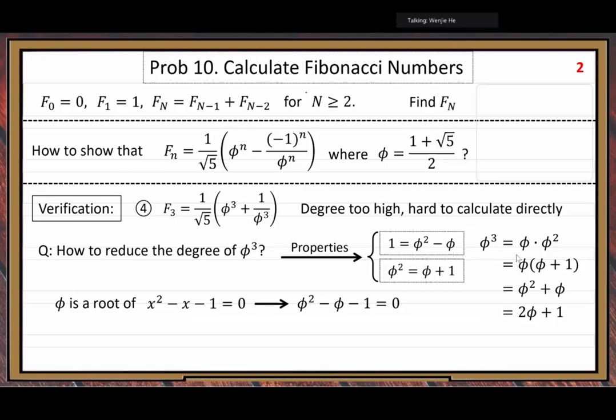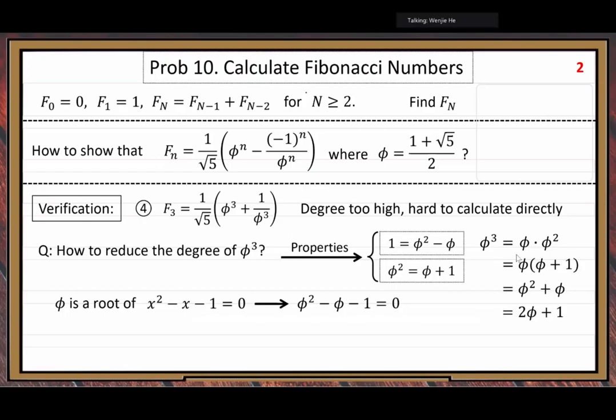That's good enough, because you bring it down from degree 3 to degree 1. The highest degree term in this expression is only 1. That's good enough, right? Because you cannot bring it down to 0. Nobody can make a degree 0. So we can stop for this small step.